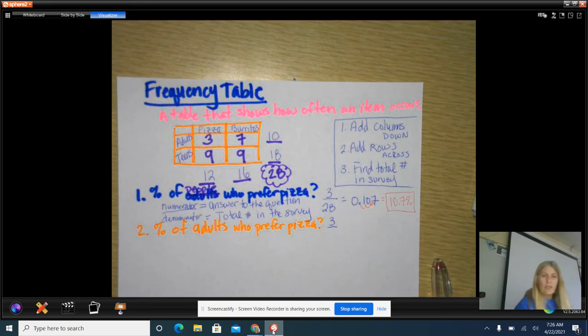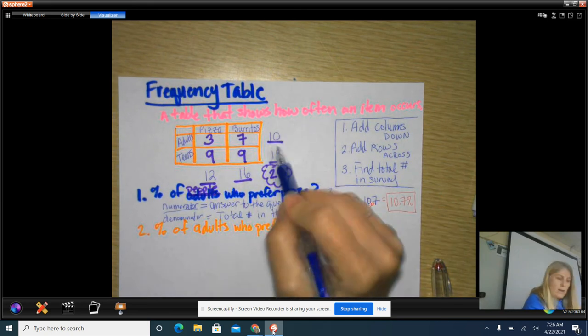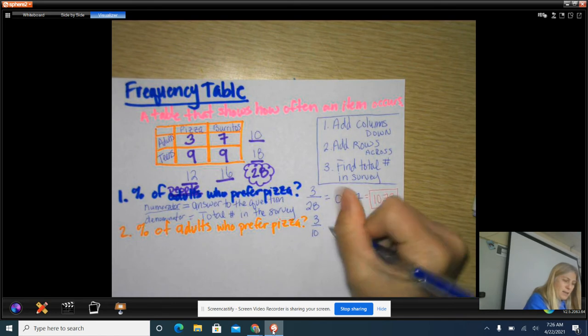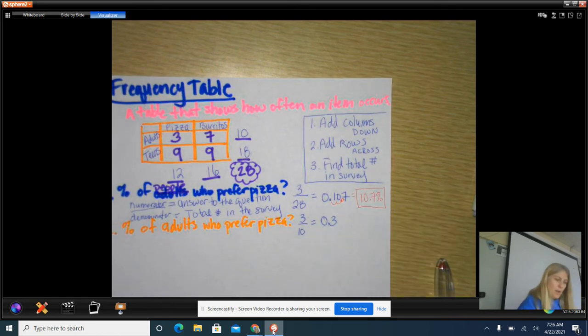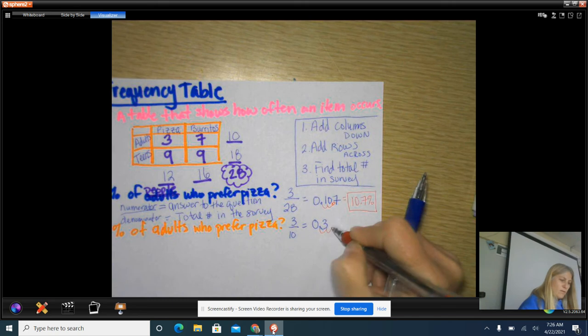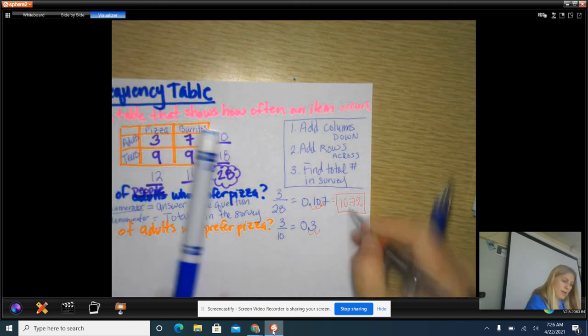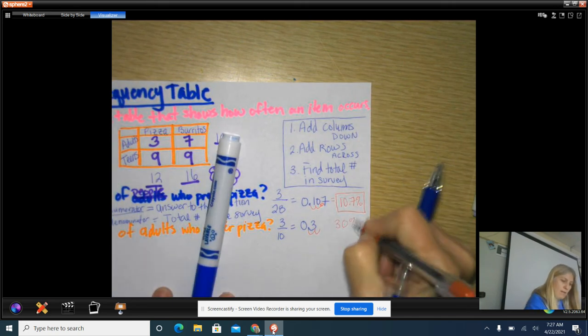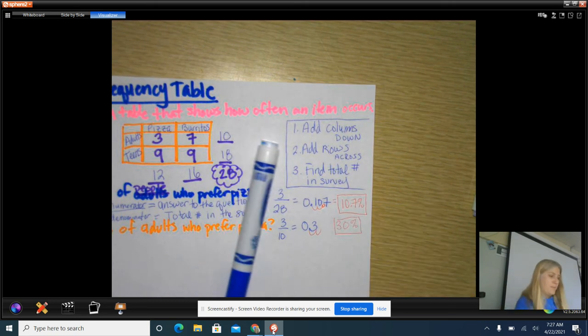However, we're only looking at adults. So this is the number that we're looking at right here, which is 3 out of 10. 3 divided by 10 is 0.3. We're going to move that 2 to the right. And so we have 30% of the adults prefer pizza.